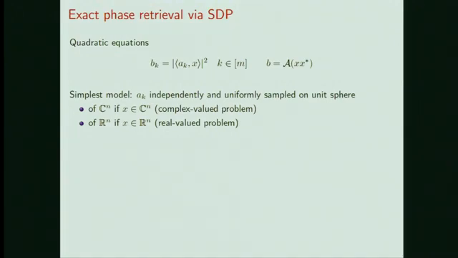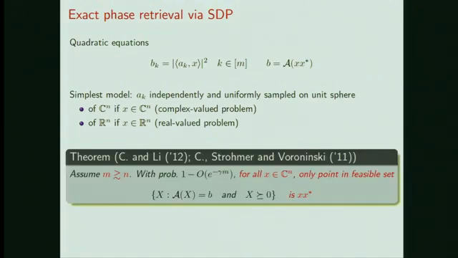The main theorem of this part is: let's assume that m is a numerical constant times n. In practice, we observe that the numerical constant is 6 or 5 or something like that.